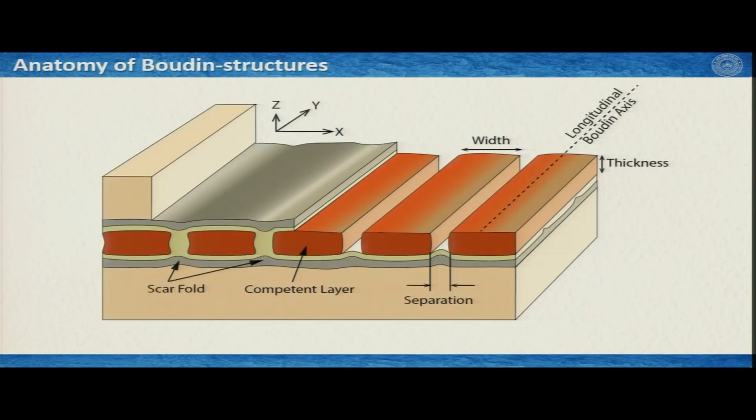Now, here is the anatomy of the boudinage. I will first describe the image, and then we'll talk about the different parts of it. So, what we see here, these slightly yellowish blocks are actually the less competent layer.